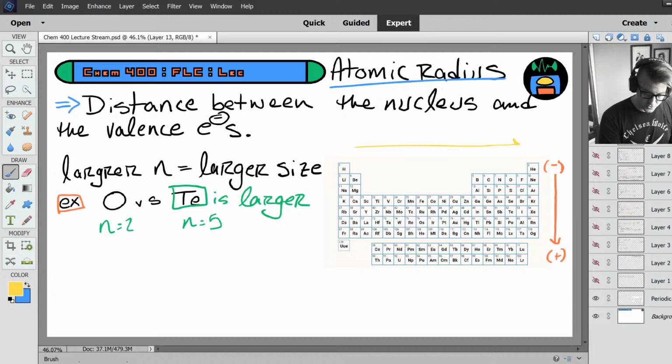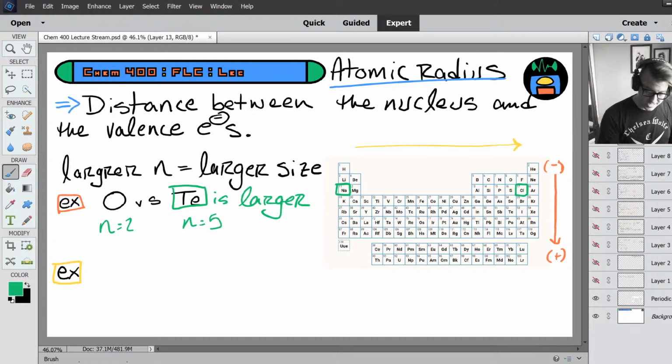It's very common for students to mess this up because, for example, if you compare sodium to chlorine, which one will be larger?